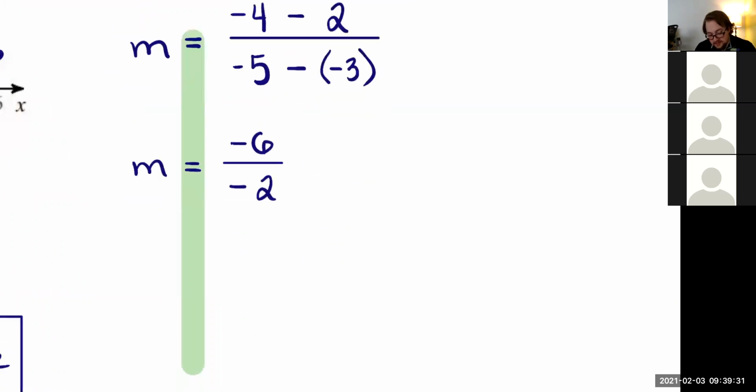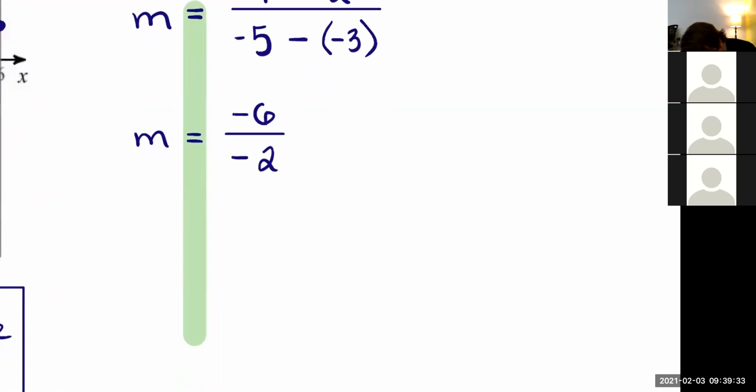Now, this fraction also can be simplified. If I leave it as a fraction, first off, double negative becomes a positive, and 6 over 2 simplifies to 3. I'm going to actually write it two ways. If you left it in fraction form, you would write it as 3 over 1.